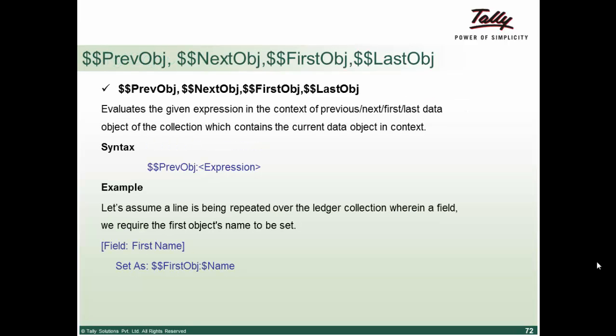Similarly, if we give $next object, it will bring us the next object value. If we give the first object, it gives the first object value. We can give the last object, it gives the last object value. So these are very similar lines.